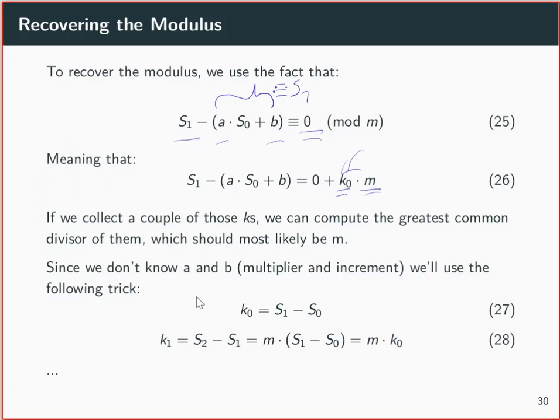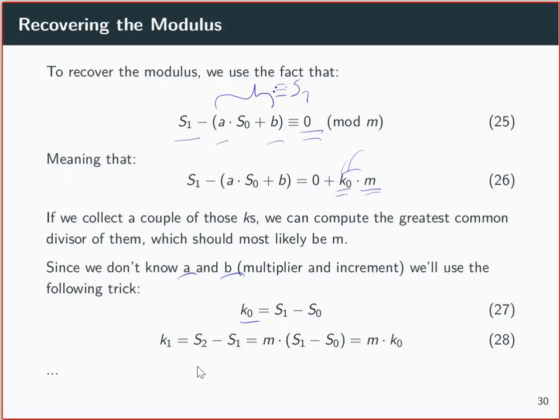But since we don't know the multiplier or the increment by this point, we're gonna use a trick. Namely, we're gonna set K0, given two outputs. And K1 is this output, and the successor is 2.